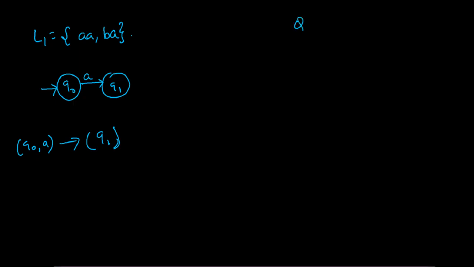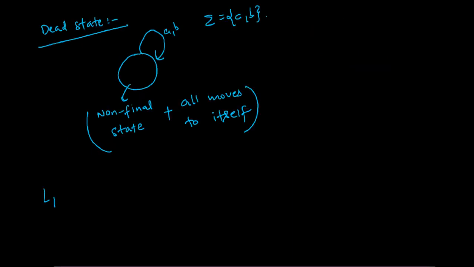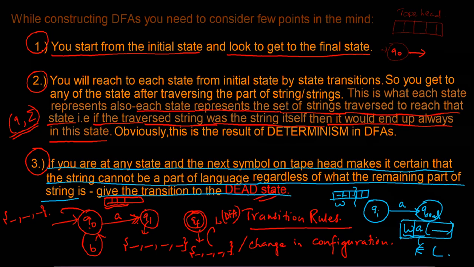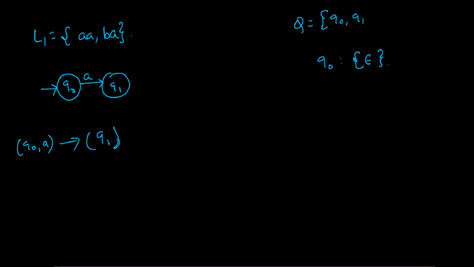How many states so far? Q0, Q1. What does Q0 represent? Epsilon. I told you on the last page that each state represents the set of strings traversed to reach that state. So Q0 is epsilon. What is Q1?